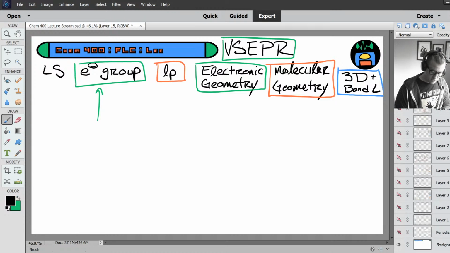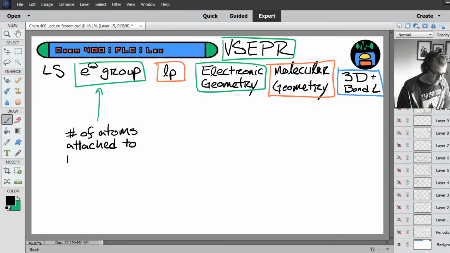This is the number of atoms attached to the central atom plus the number of lone pairs on the central atom.